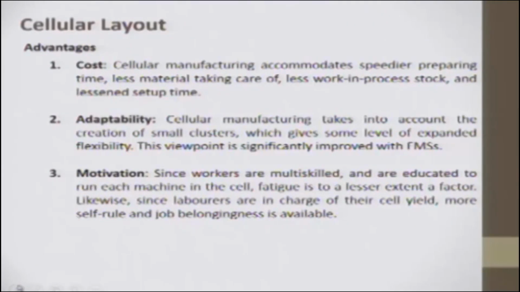So next are some advantages of cellular manufacturing system. First, cost. Cellular manufacturing system accommodates quicker preparing time, that is setup time, less material handling, and less work in progress inventory. So this all would reduce cost.